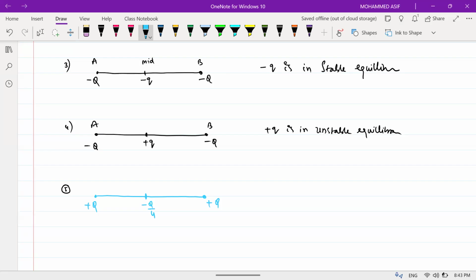All of them are unstable here. Yes, sir. All charges are in unstable equilibrium. Previously, both of them were the same, and the magnitude of the small q is also the same. Now here plus Q and minus Q.